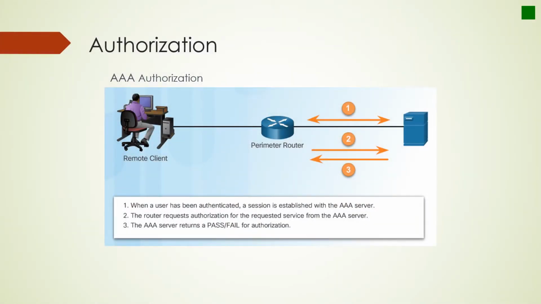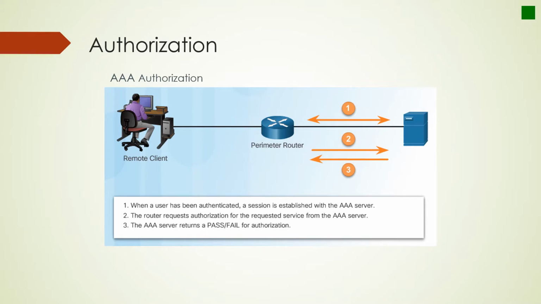So once properly authenticated, once this remote client already has access to this router, next in the level is the authorization. In the authorization, a session is established with the AAA server, and the router shall request authorization from the requested service coming from the remote client.